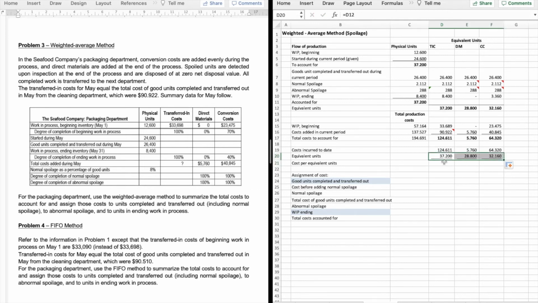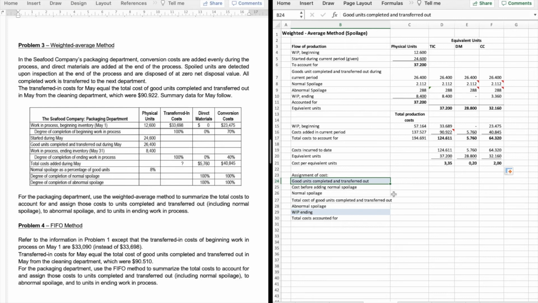And now the cost per equivalent unit is to divide cost incurred to date with equivalent units. Okay, so the last step is the assignment of cost. If there is no spoilage, we will only need to calculate the good units completed and transferred out and the ending work in process.